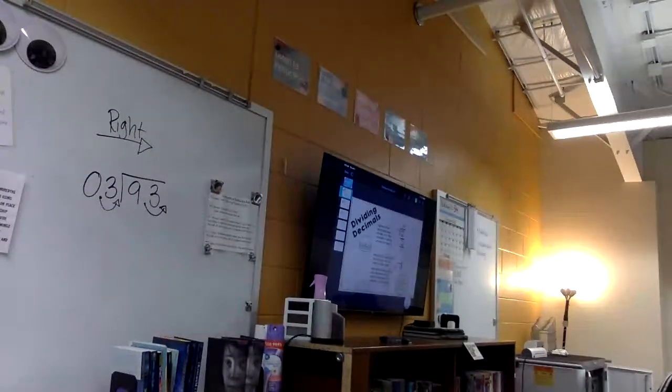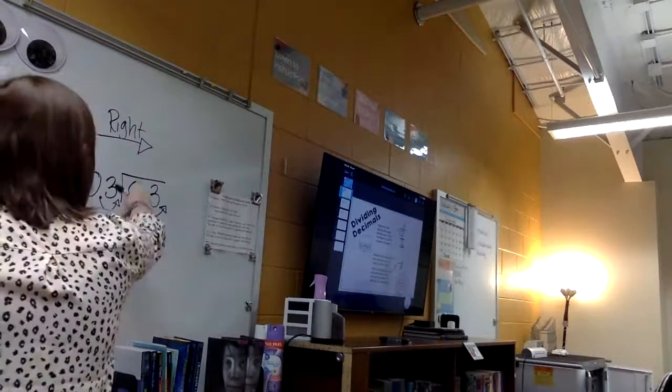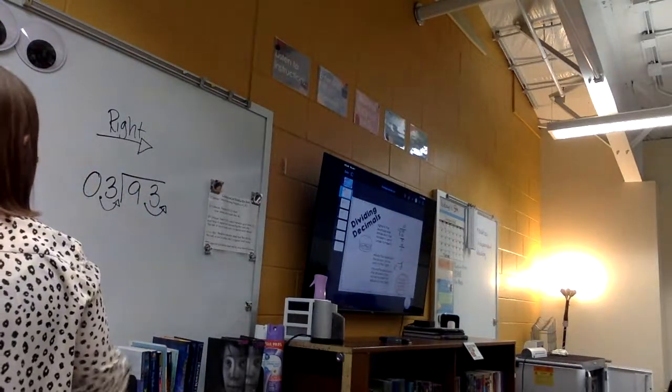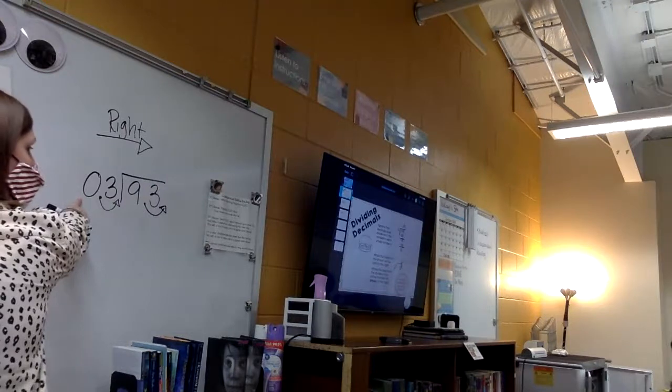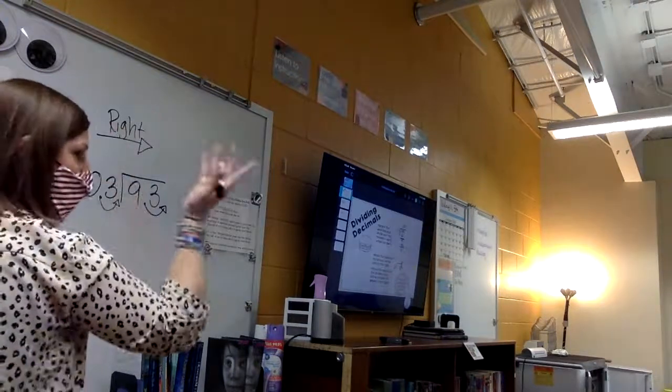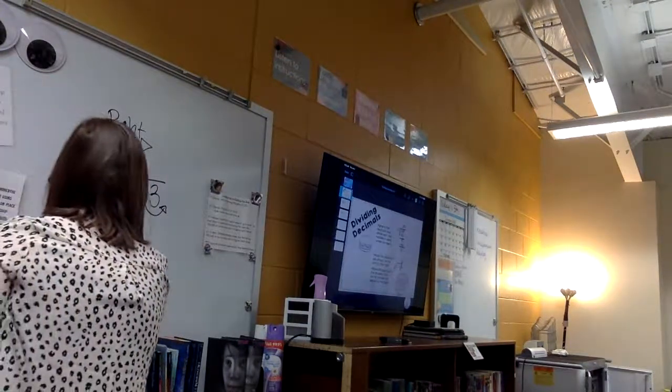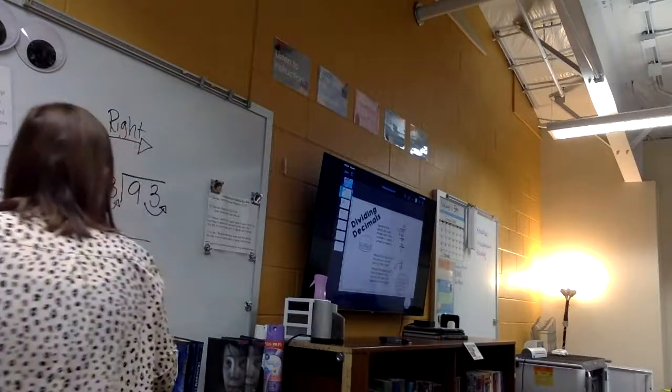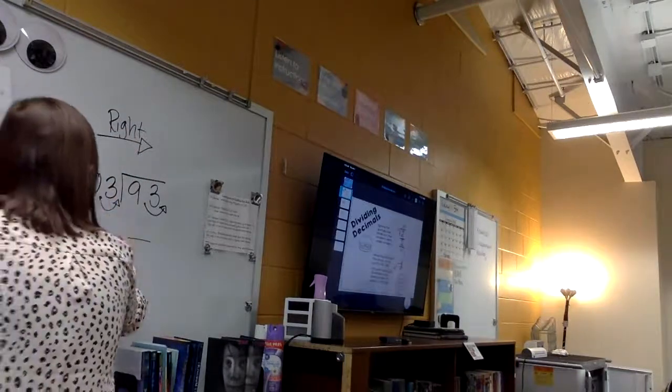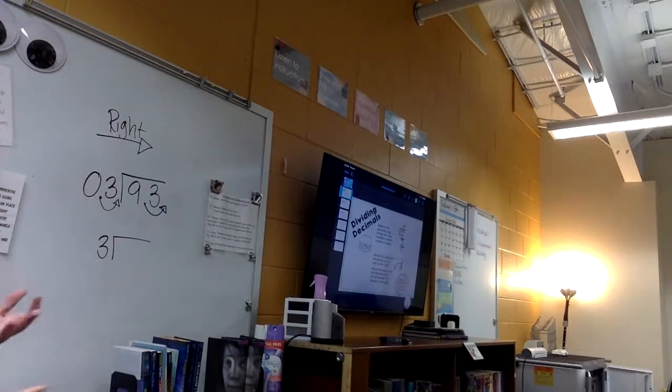Now I'm going to rewrite it. I've moved both of my decimals one place. Do I have to write this 0? No, it doesn't matter. So I have my house. I moved this one spot, so now I have a 3.